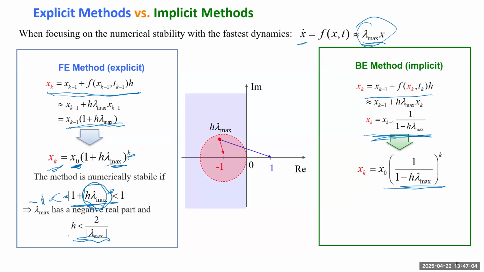We want everything in these parentheses to have magnitude less than 1. We only need to make this stay within that circle. And here we know that if lambda has a negative real part, we can always prove this will have magnitude less than 1.